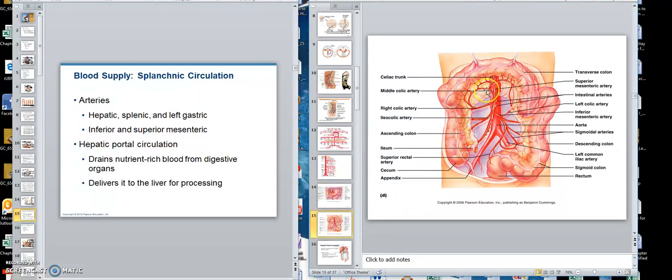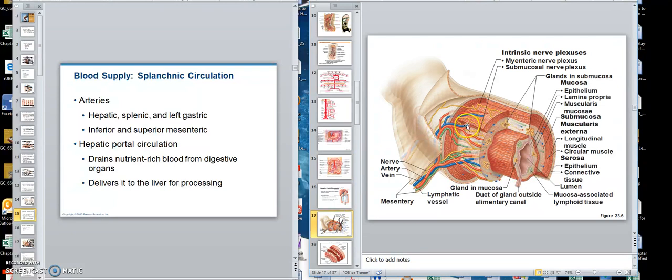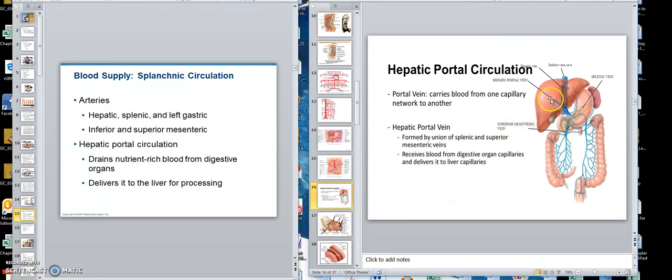Here again is another picture to show you. That's the artery, very good oxygenated blood. Now, as I said, the hepatic portal circulation blood vessels are up in the intestinal wall. Once absorption occurs for the water-soluble stuff, they need to bring that in, and it initially goes through the liver.